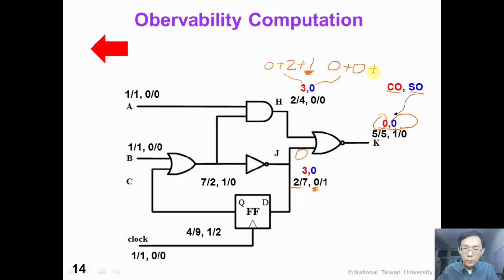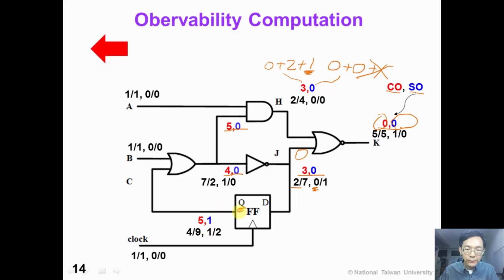Please note that we do not need to add an additional 1 here, because this is a sequential observability. Similarly, we can calculate the CO and SO for J. Now we can move one level to the left. We calculate the CO/SO as is shown in the figure.